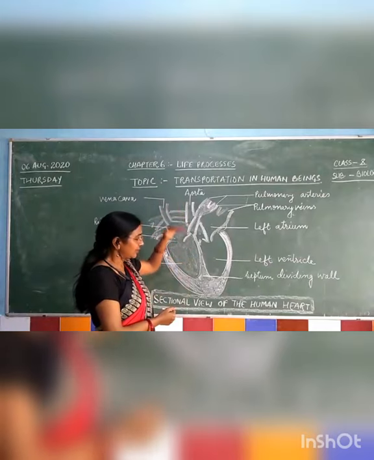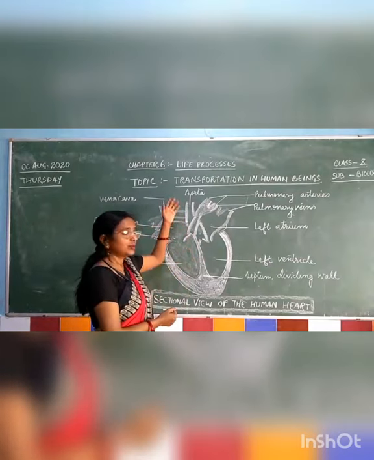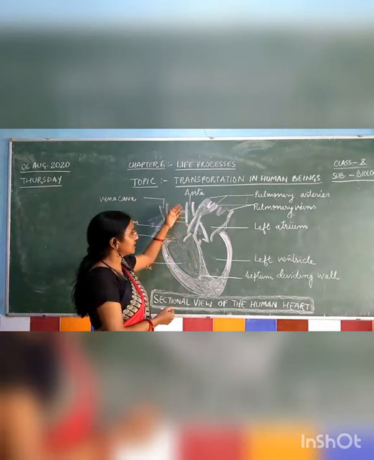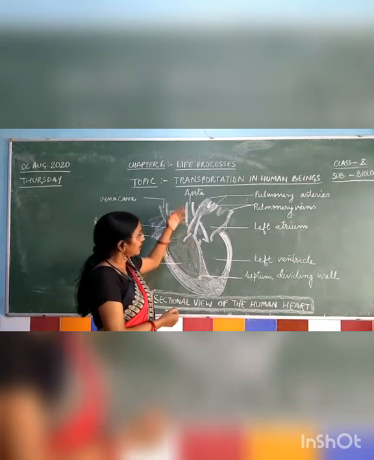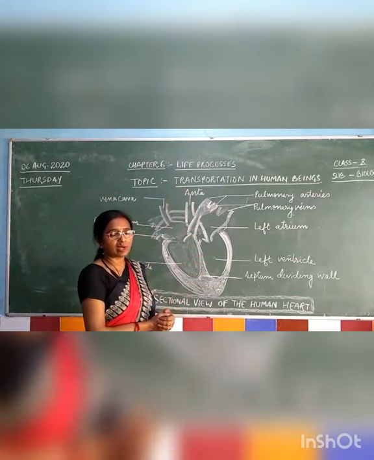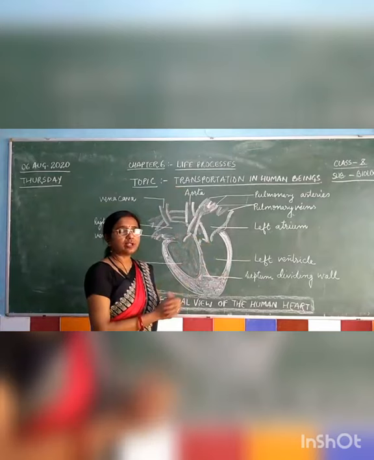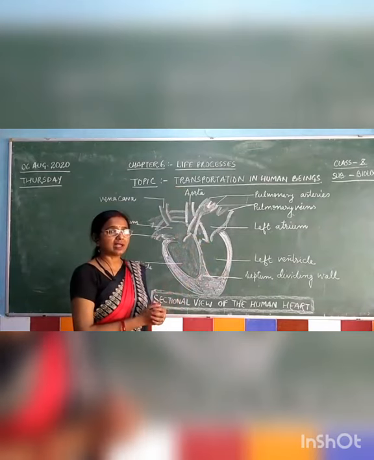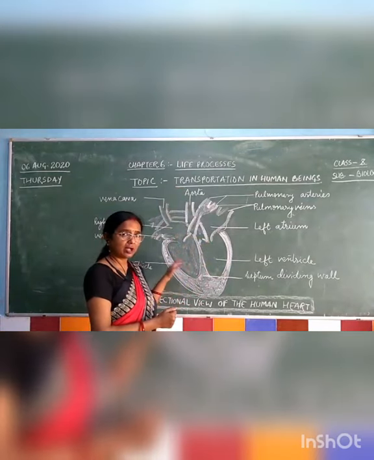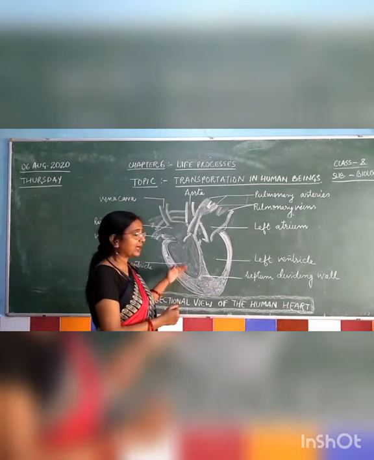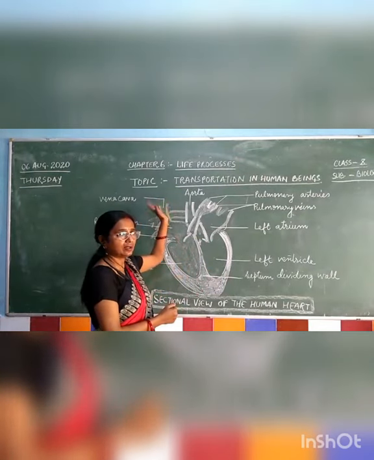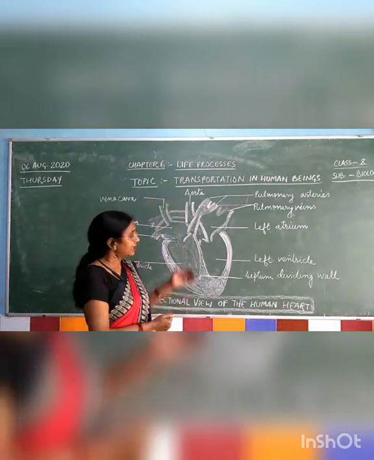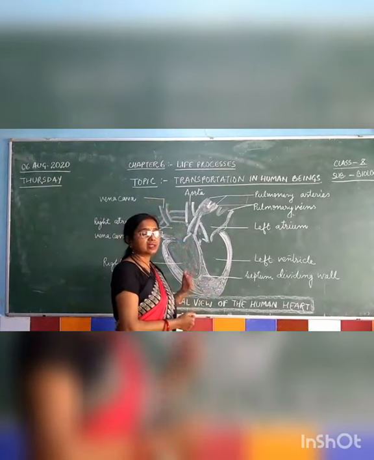The lungs, with the help of the heart, do the process of respiration. The heart takes the oxygenated blood and sends it to the different body parts, similarly collects the deoxygenated blood from different body parts and gives it to the lungs for exhalation. This process goes on simultaneously.